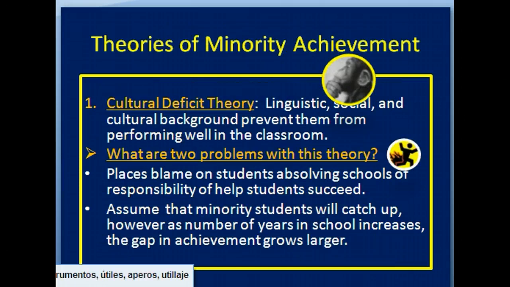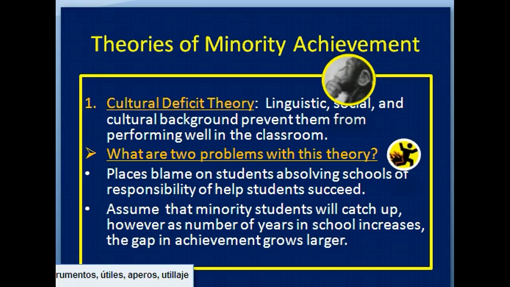Slide 11, Theories of Minority Achievement. There are three theories related to minority achievement. The first theory, and the theory explained in this slide, is called the cultural deficit theory. Now this theory usually places the blame of low student achievement on the cultural background of students. What students bring to school lacks what is termed in the book cultural capital.